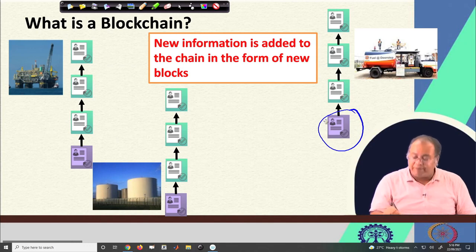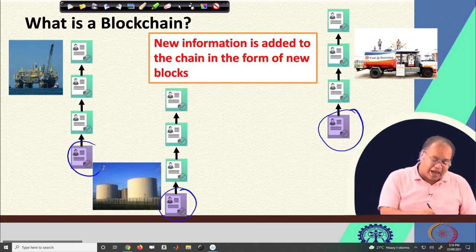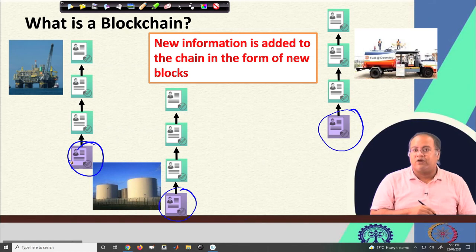Whenever I append this block, I ensure that the same block gets appended to all the local copies of the blockchain. That is the requirement which I am going to support here. So we see that the entire data structure is basically a chain of blocks.